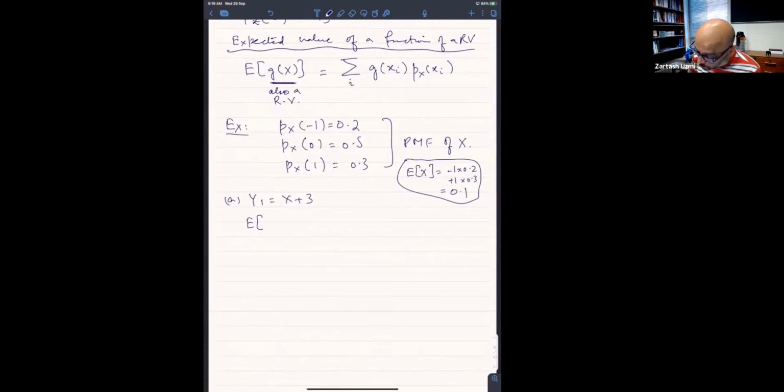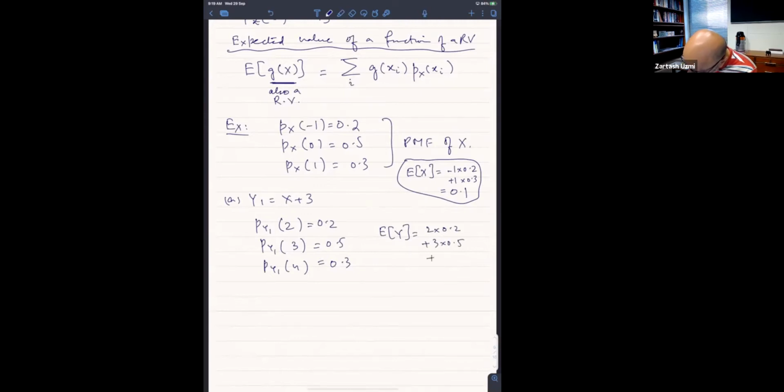So y1 is equal to x plus 3. What are the possible values y1 can take? Y1 can take the values 3 minus 1, which is 2, 3 plus 0, which is 3, and 3 plus 1, which is 4, with corresponding probabilities 0.2, 0.5, and 0.3. And the expected value of y1 is 2 into 0.2 plus 3 into 0.5 plus 4 into 0.3, which turns out to be 3.1.